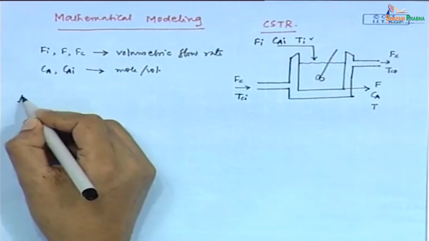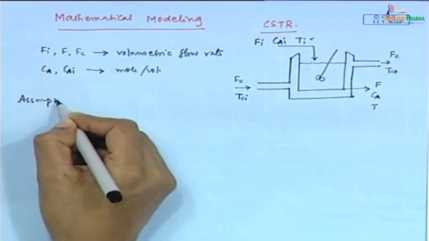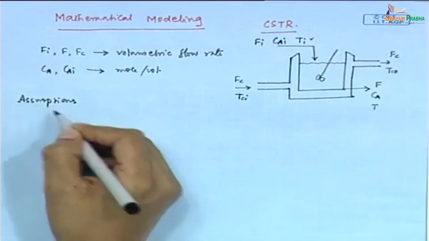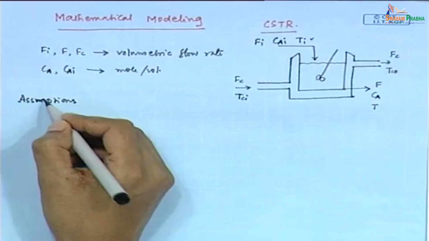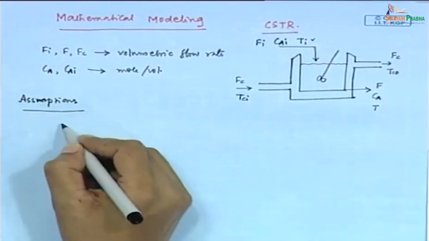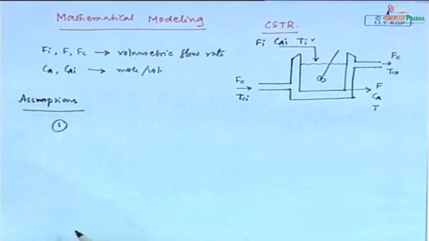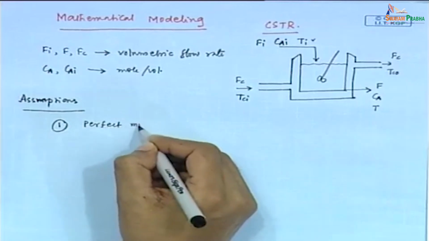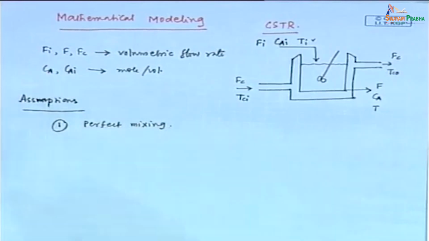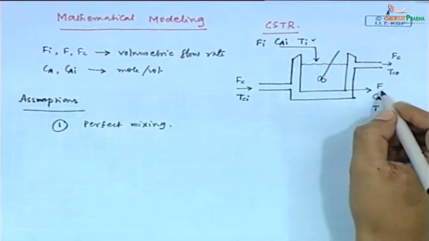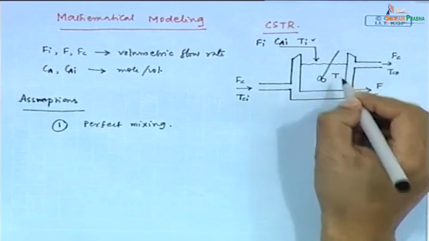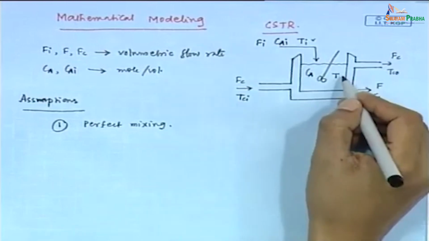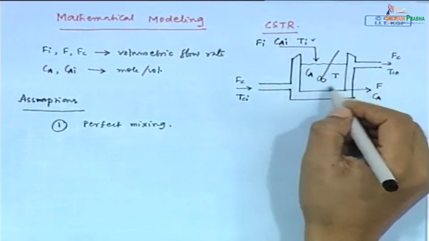Next we will consider the assumptions. First assumption is perfect mixing. That means the temperature of the outlet stream T and composition Ca are the same as those of the reaction mixture.